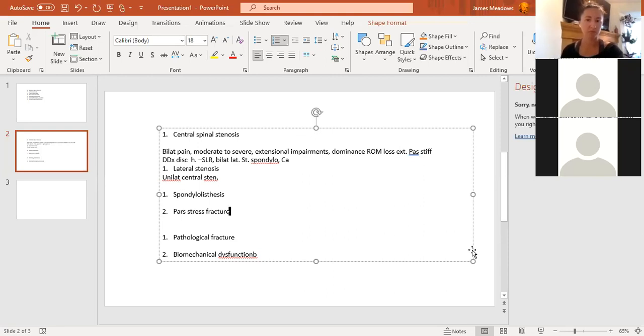Tolu, list these criteria again for a stress fracture. So what have you got? Where are we?